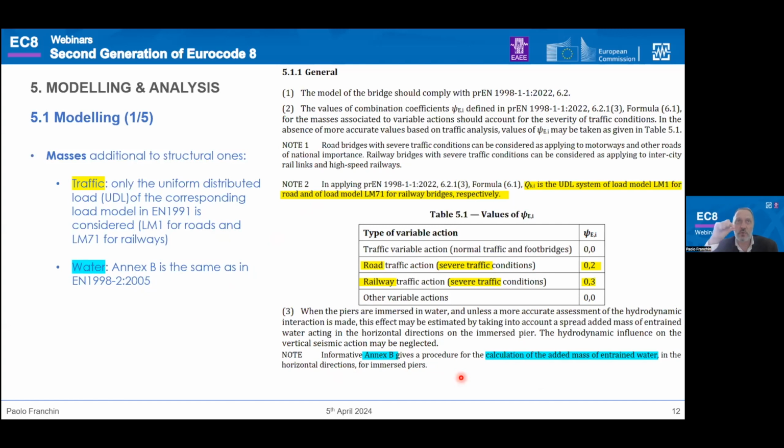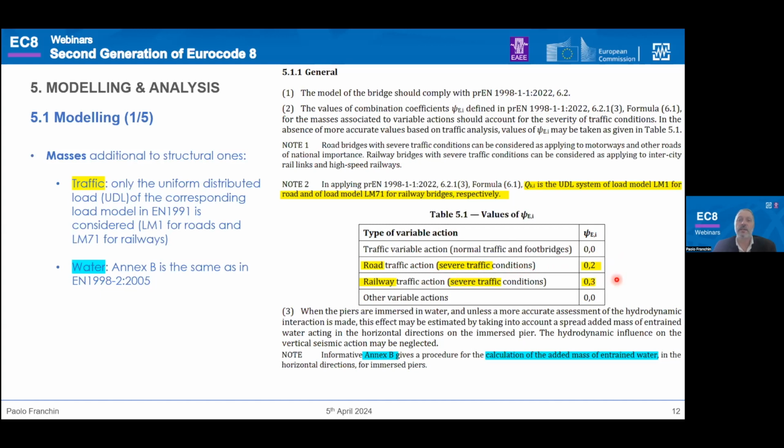It's one of the few, maybe the only annex that has been left to calculate the additional mass to add to the pier. And in terms of traffic, you have to add a proportion of the mass corresponding to traffic only on roads or railway bridges with severe traffic conditions.